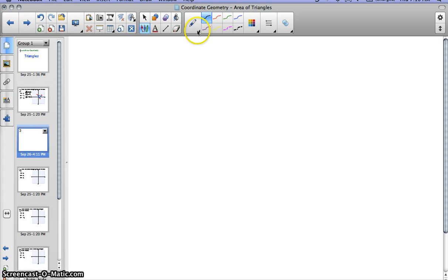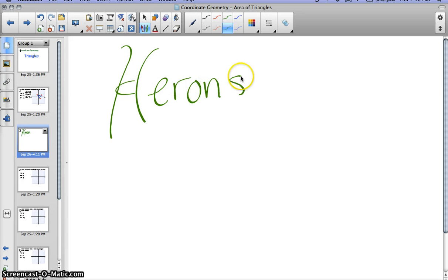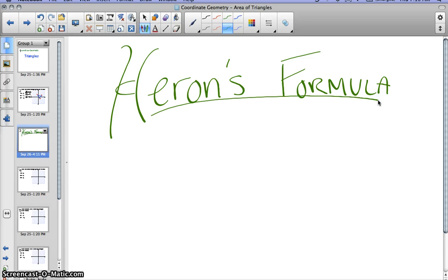In order to do that, I'm going to switch to my fancy pen. We're going to use a guy named Heron, because this is Heron's formula.